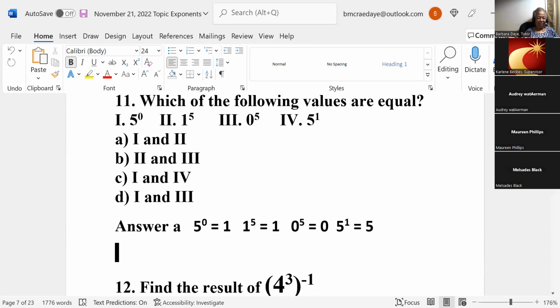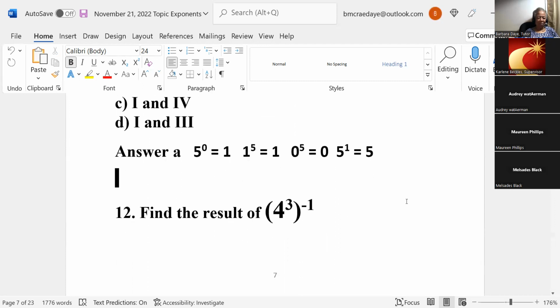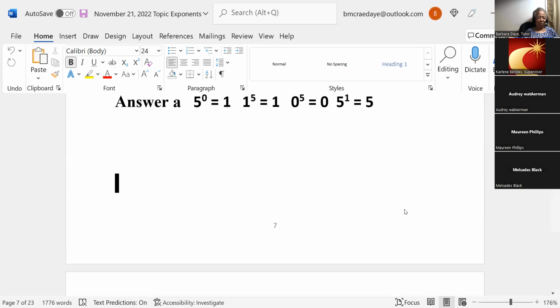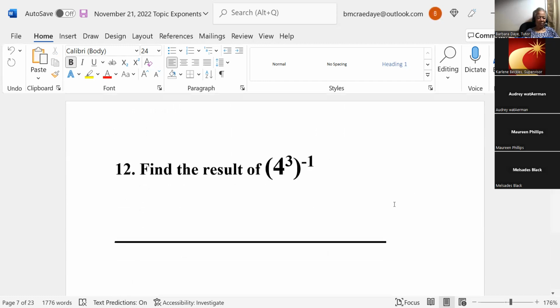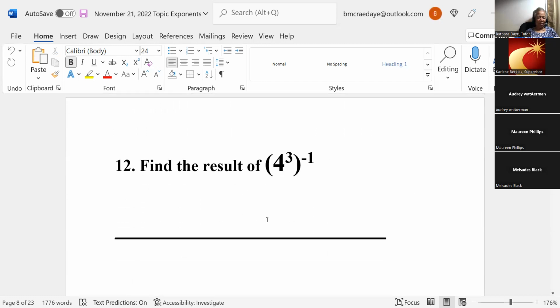Okay, now let's look at 12. From your table, Maureen, when you have a negative exponent, what is it equal to? You flip it to a positive, right? So what would this be once you flip it?